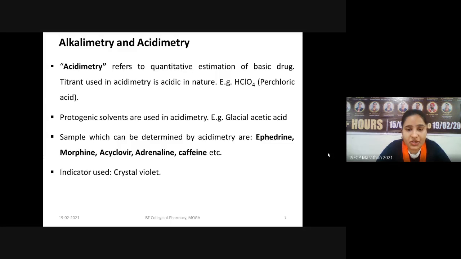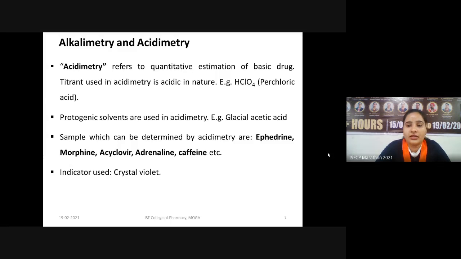In acidimetry, we will be using those solvents which are proton releasers, which have the tendency to release protons. All those solvents are known as protogenic solvents, like glacial acetic acid, which has the tendency to release H positive ions, and can be used in acidimetry titrations.